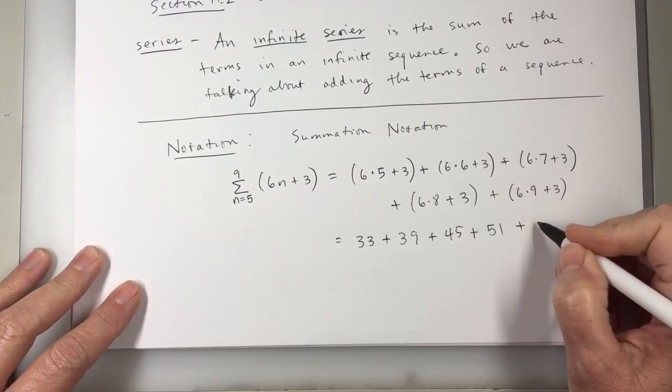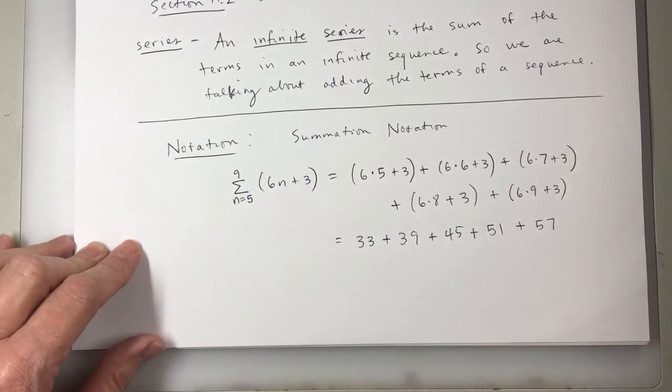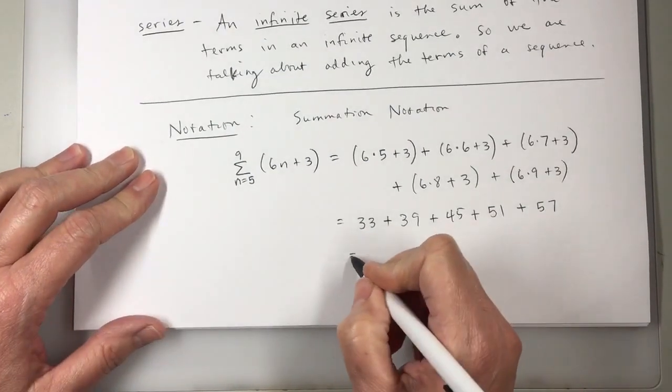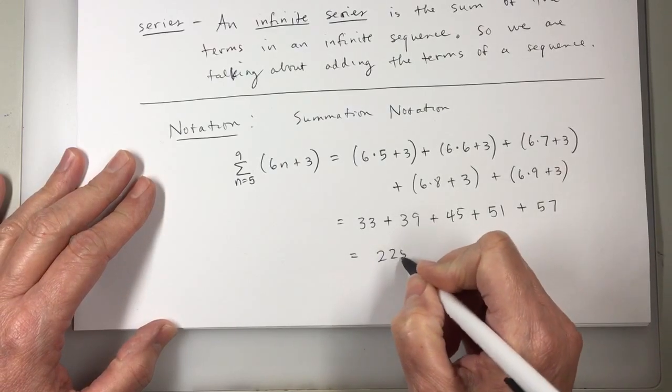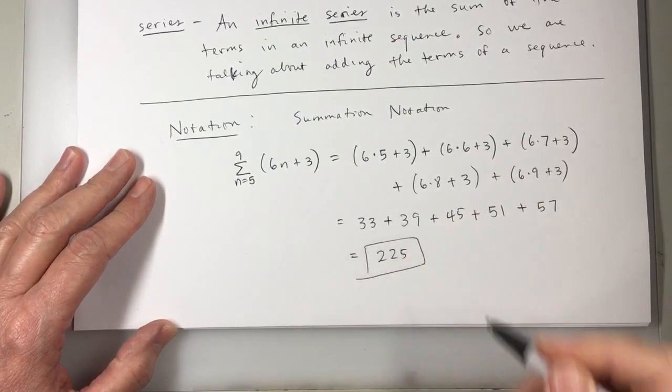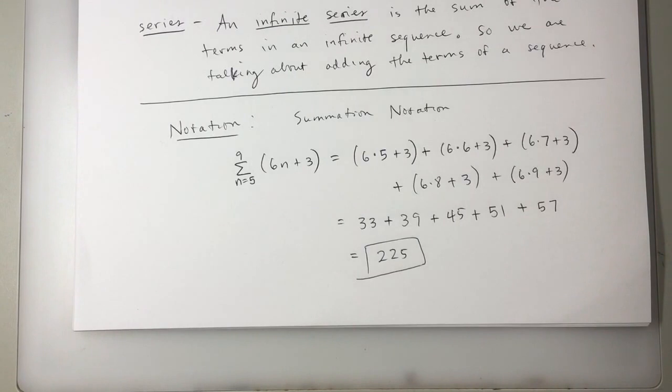And 6 times 9 plus 3 is 57. And if you take out your calculator and add this up, you should get 225. So, summation notation. You're going to see a lot of this in this chapter.